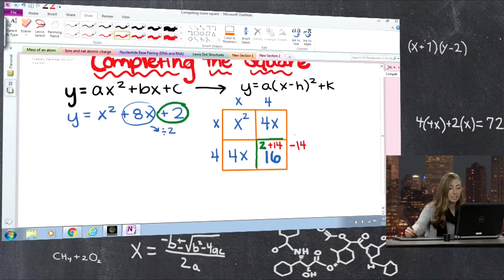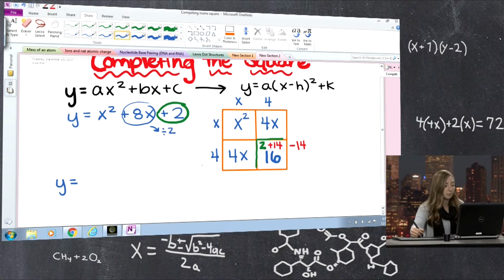So I've added 14 inside this square and subtracted it outside of the square to kind of keep it, again, balanced. Let me show you how this then plays out into our equation. So now, instead of calling my equation the area of it, I could call it the length times the width.